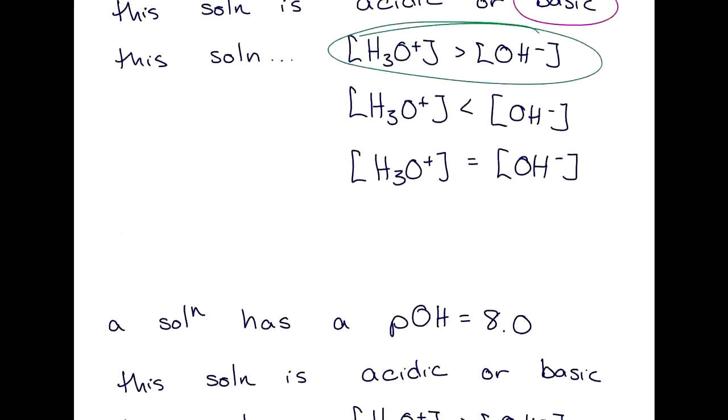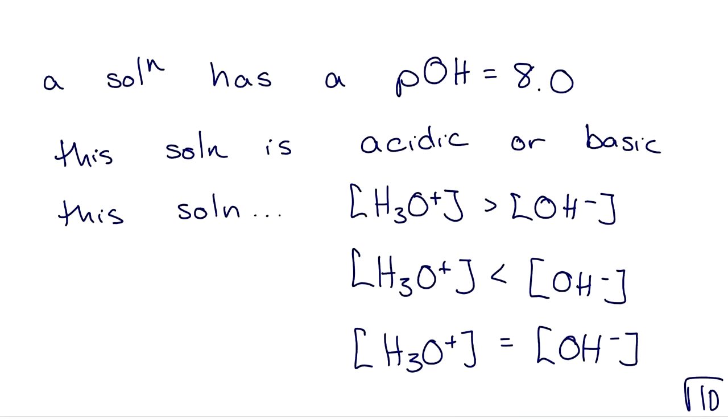Okay, let's keep going. A solution has a pOH of 8. What is this solution, acidic or basic? It's not basic. We always reference ourselves to pH. So if I give you pOH, what will be best for you is if you just convert that into a pH so we can reference it within our scale.